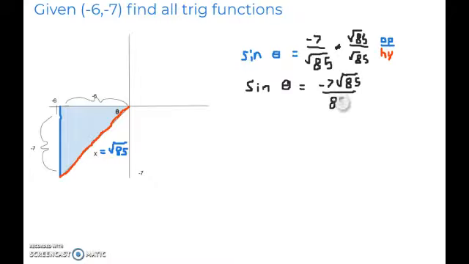And then cosecant, the reciprocal of that, you switch the opposite and the hypotenuse, and when you do it, use the original, not the new one. So use that one, and so it would be the square root of 85 over -7.